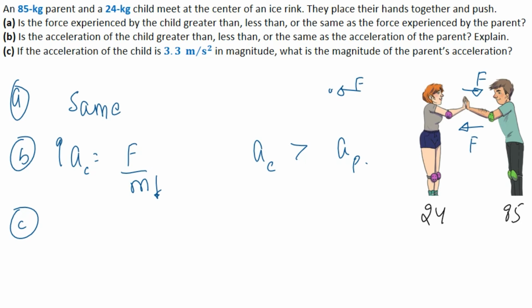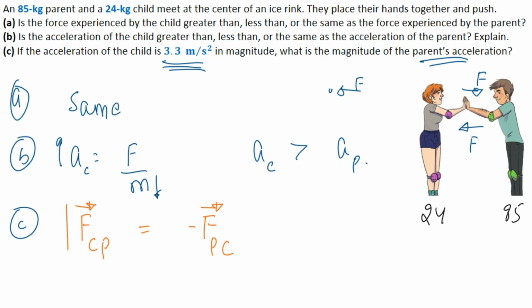Now next in the C part it says, if the acceleration of the child is 3.3 meters per second squared in magnitude, then we need to find the magnitude of the parent's acceleration. From Newton's third law of motion we know that the force exerted by the child on the parent is equal to the force exerted by the parent on the child with a negative sign because the direction is opposite.